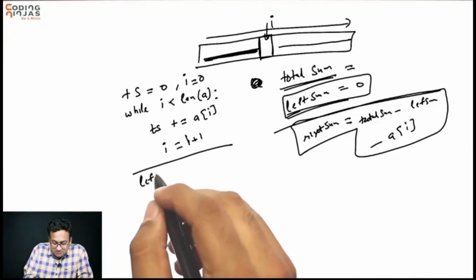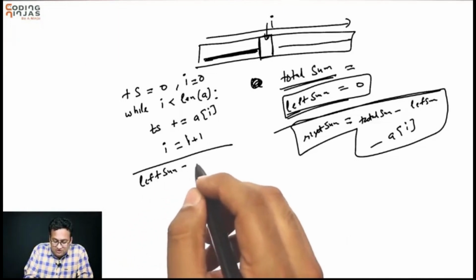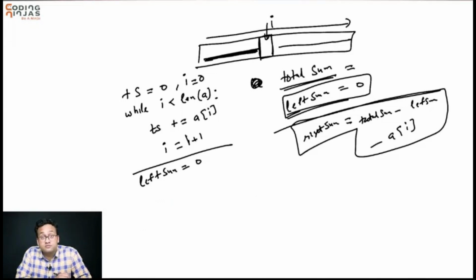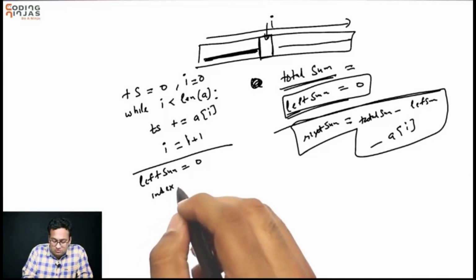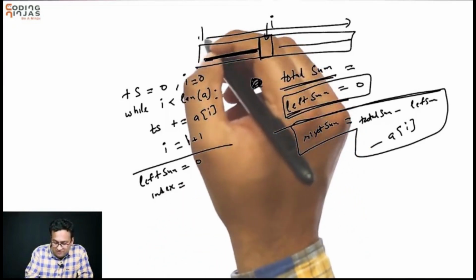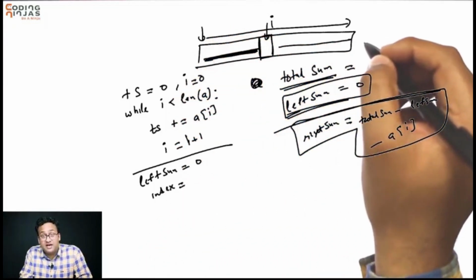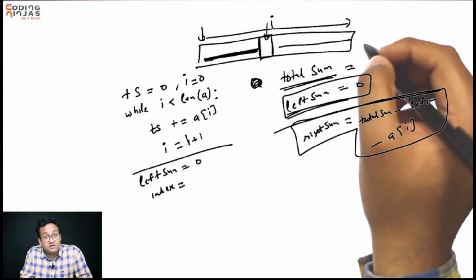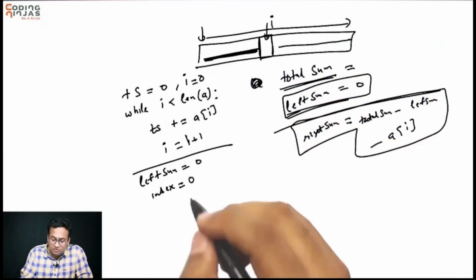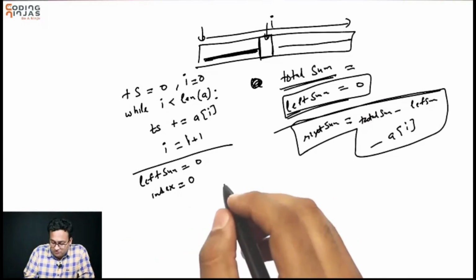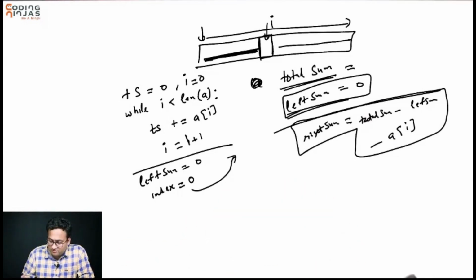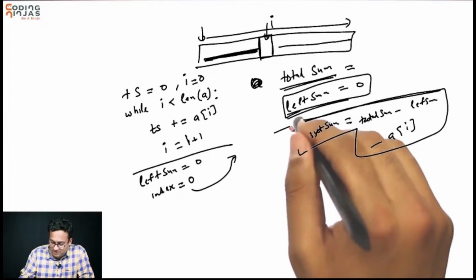Left sum, I am going to start with 0. Okay. Now I am going to traverse through this complete array to find my equilibrium index. The first index I am going to explore is going to be index equals 0. How much work I need to do? So I am continuing here. Let me get rid of these.